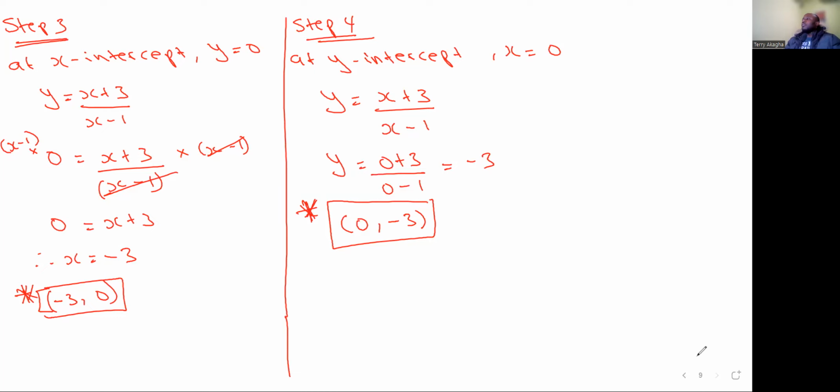Okay, step 5. So we're looking for the vertical asymptote. So remember, when we talk about the vertical asymptote, you equate the denominator to be equal to 0.